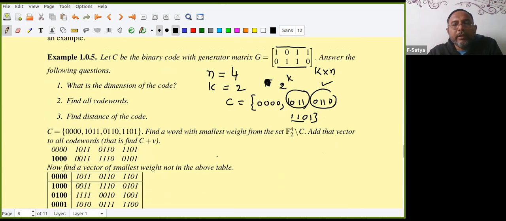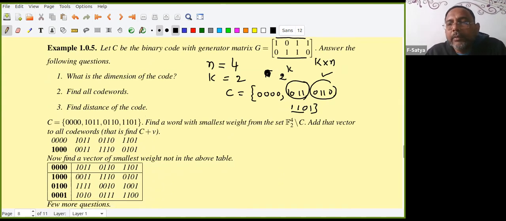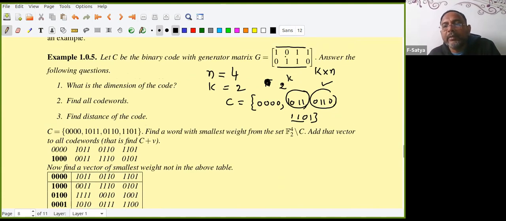Okay. Now the goal is how this parity check matrix will help me. What is the parity check matrix for this code? Can somebody tell me H? This is minus of this, right? A transpose.